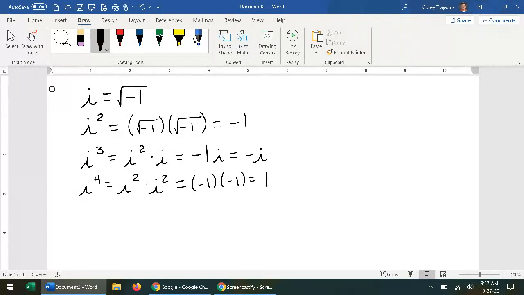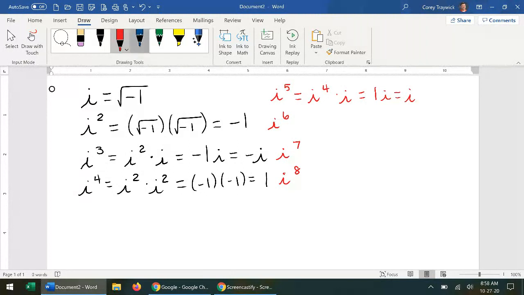And once you know those four, then you can deal with any imaginary number in the world because this pattern continues. i to the fifth is the same as i to the first, because you could take out i to the fourth, which equals 1, because this is i to the fourth times i. i to the fourth does equal 1, so we're just left with 1 times i, or letter i. i to the sixth is the same as i squared. i to the seventh is the same as i cubed. i to the eighth is the same as i fourth, and this continues on, 9, 10, 11, 12, going straight down.